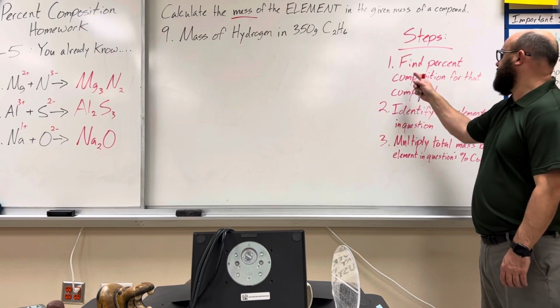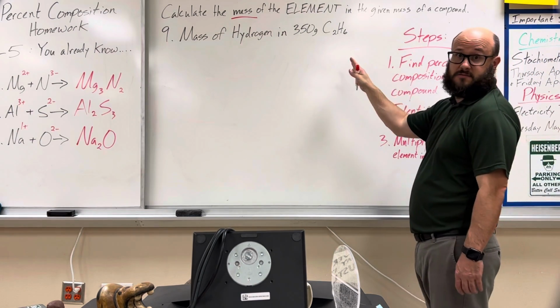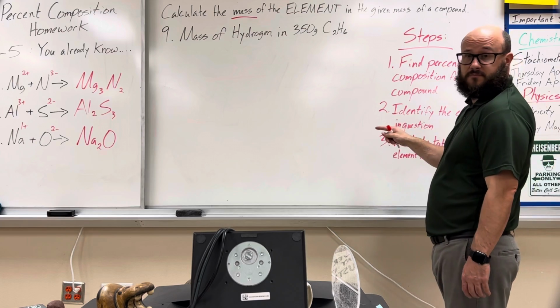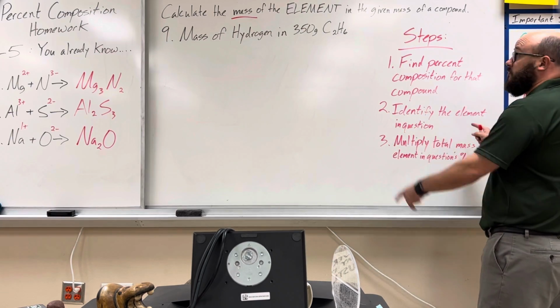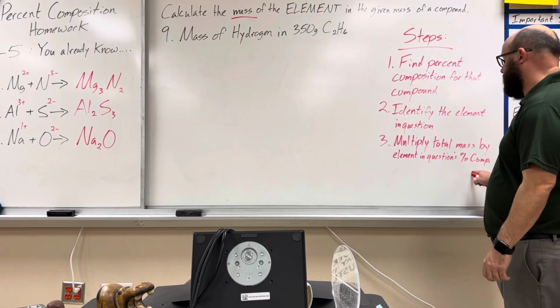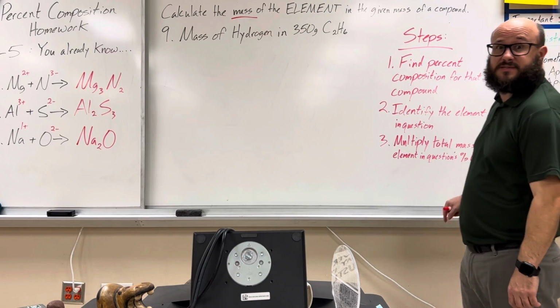So find the percent composition for the compound total, identify which element you're looking for, and then multiply the total mass, that's this number, by the element that's in question's percent composition.